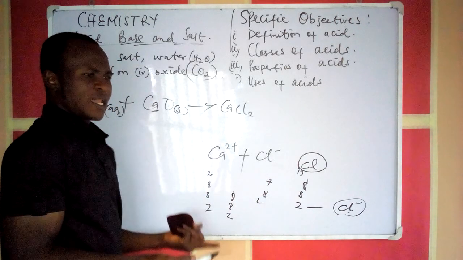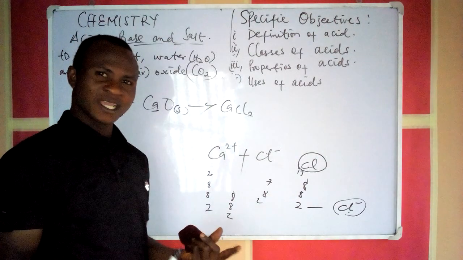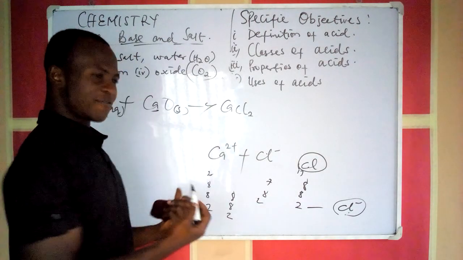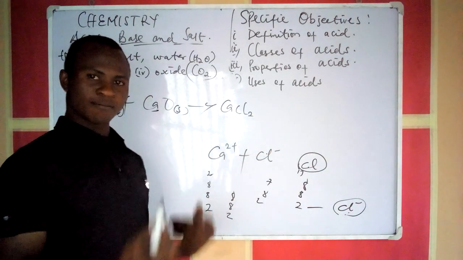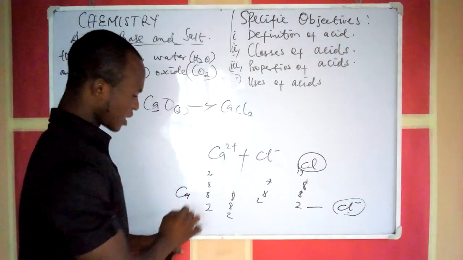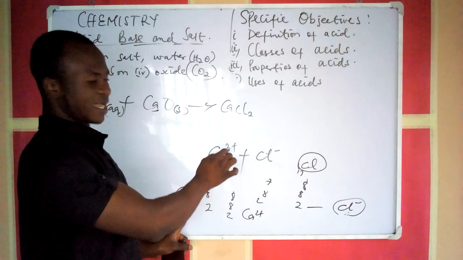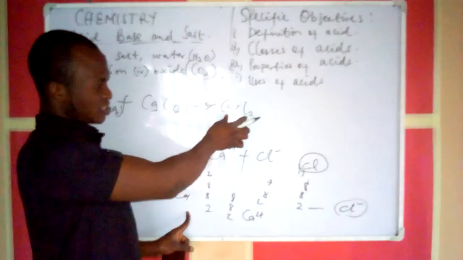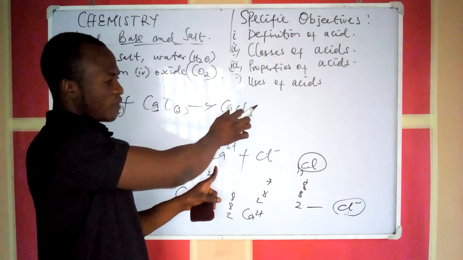It is not owing anybody. It is a giver, and a giver must be a positive ion. So calcium changes from being a calcium atom to a calcium ion. That is what I have here now. That is how these two things react to form this.